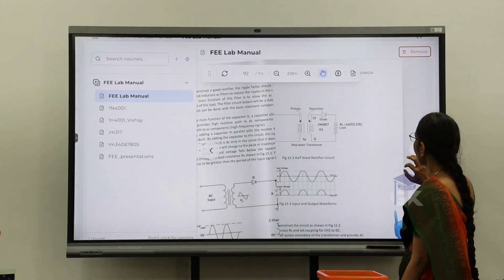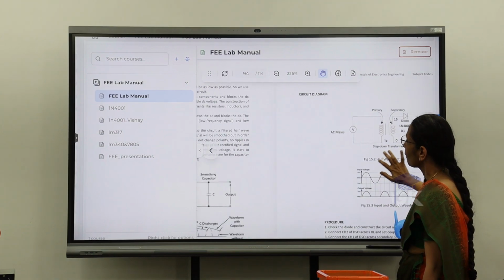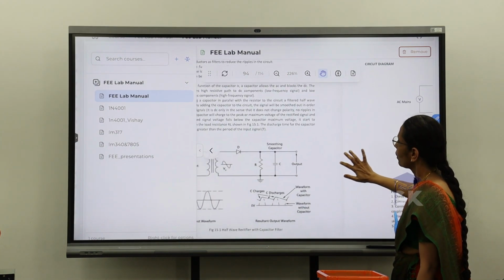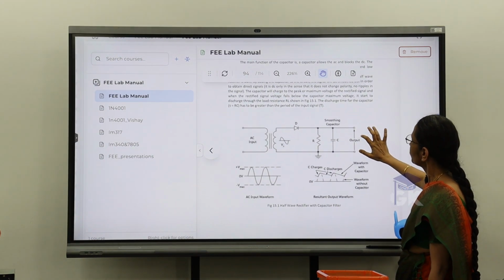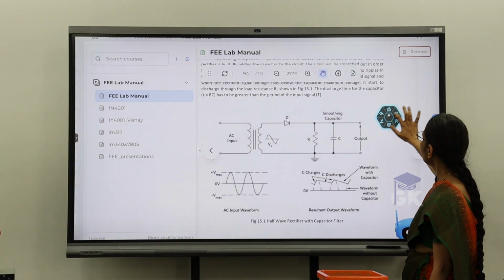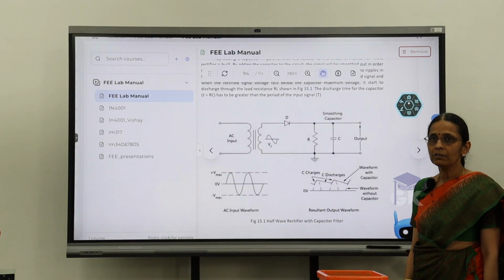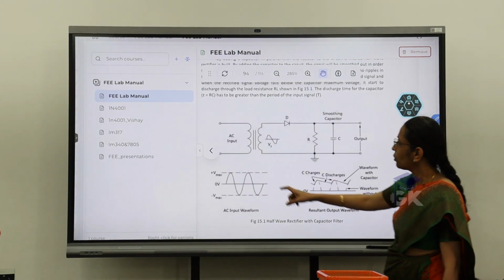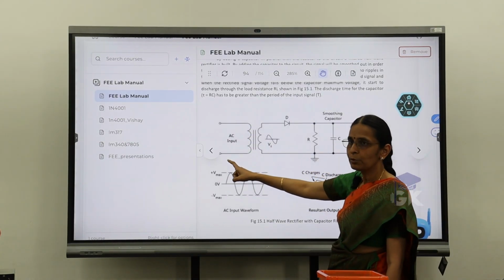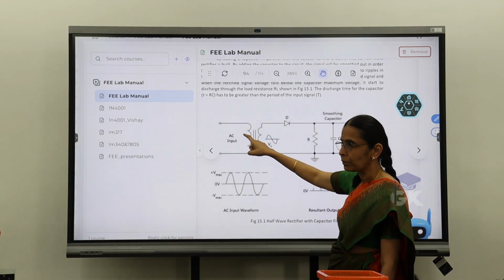Before getting into the details, let's have the explanation about the circuit. This is the circuit diagram of your half wave rectifier with a filter. Here we have the AC input coming from the mains given to the step down transformer.